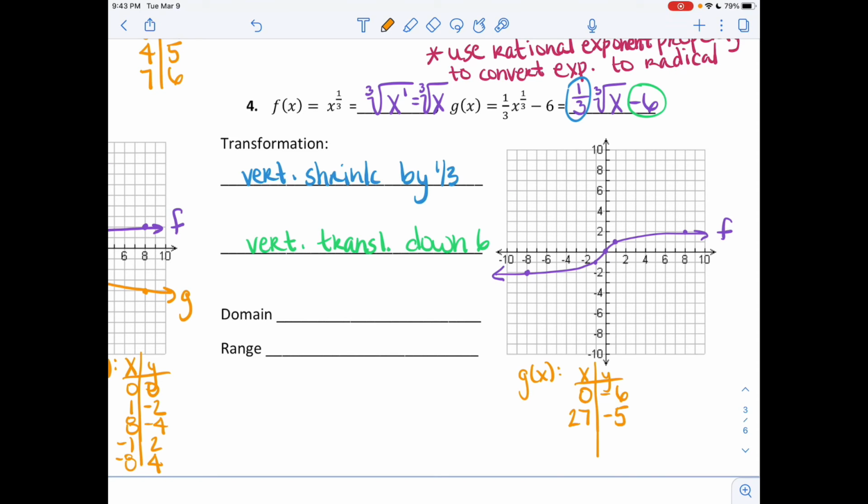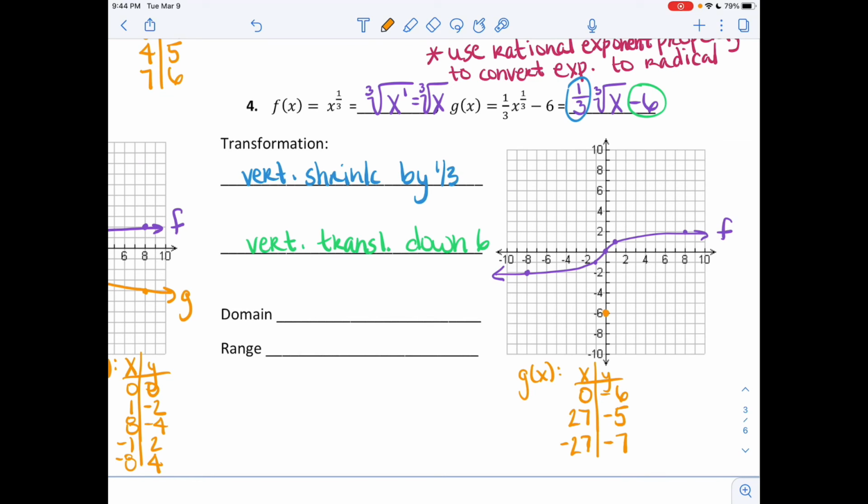I can do something similar with a -27. Not that it's going to do me any good for graphing when that only goes from -10 to +10, but just so you can get an idea of how flat this is. At an x value of -27, we will be at a y value of -7. So let's just do our best here.